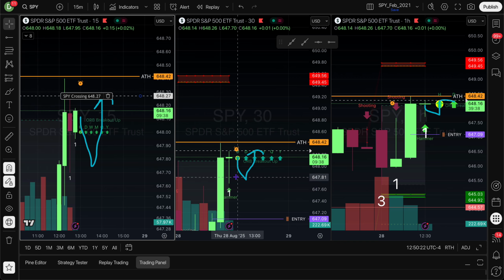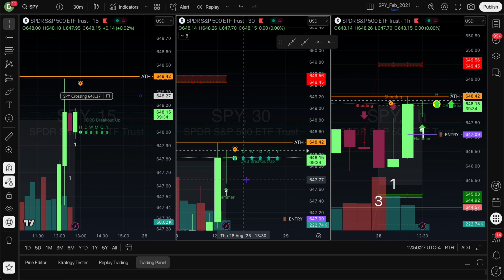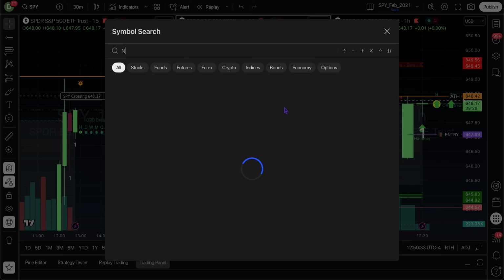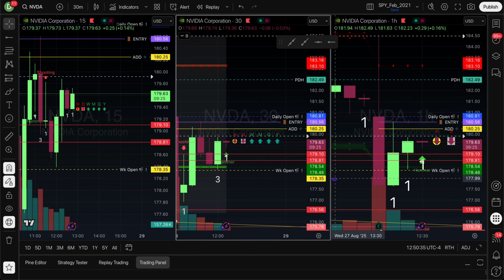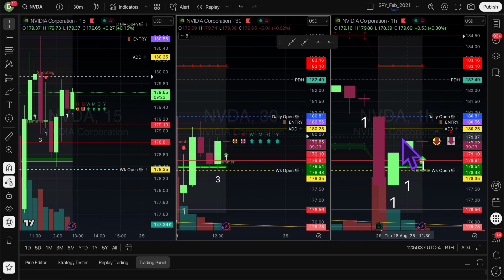If that means that this 30 stays inside and we have a double inside 30, totally fine with that. Or we have a 1 failed, 2 down, 2 up, totally fine with that as well. Also looking at NVIDIA moving forward, we have this double inside hour, inside 30, inside 15, right? So I'm just waiting for the obvious to present itself so that I can continue to trade and make money.